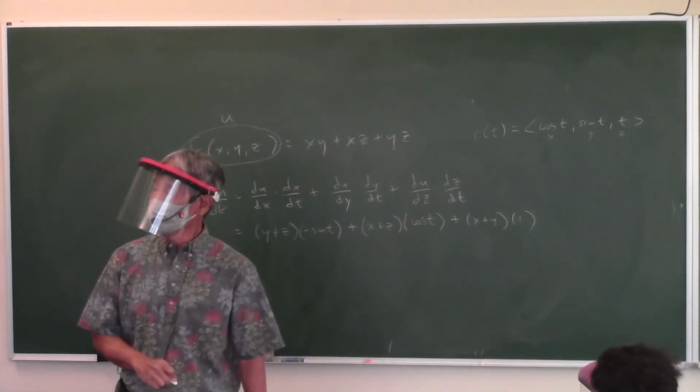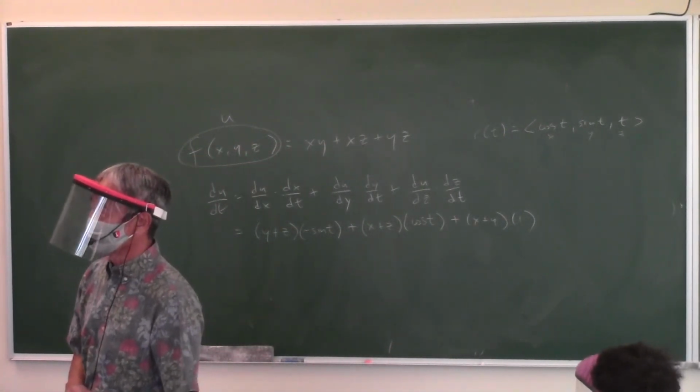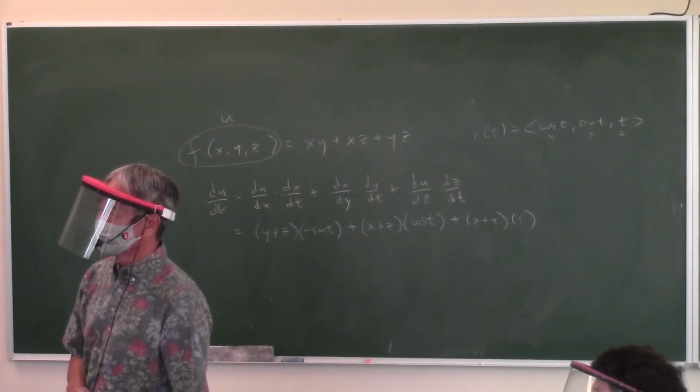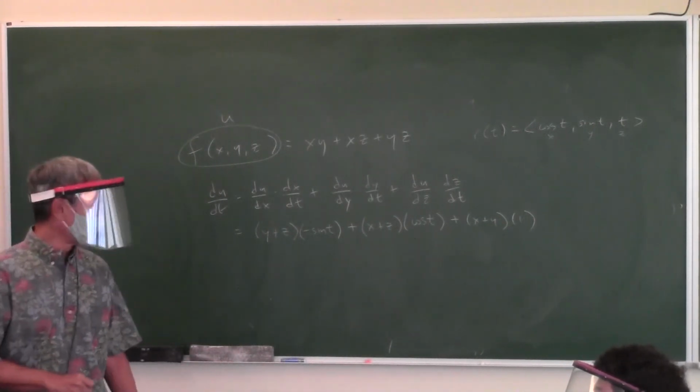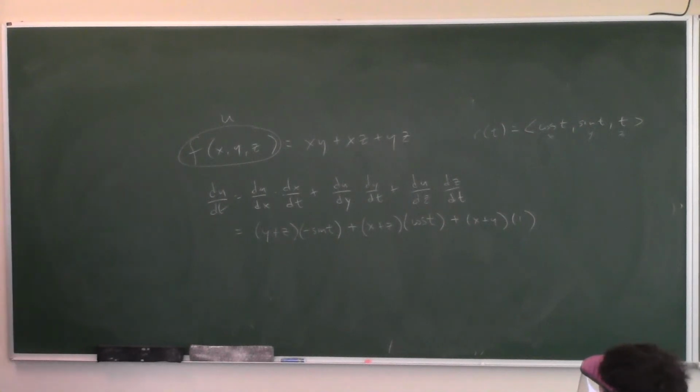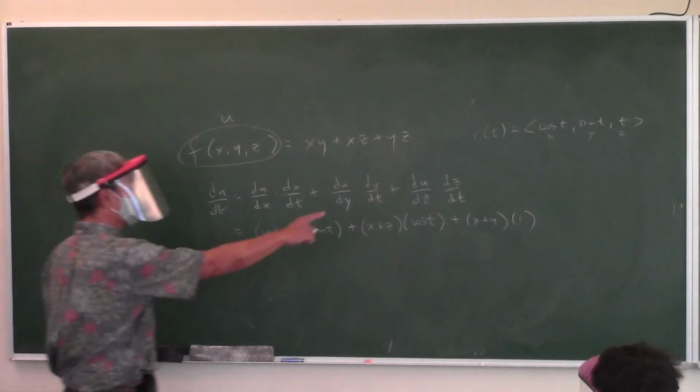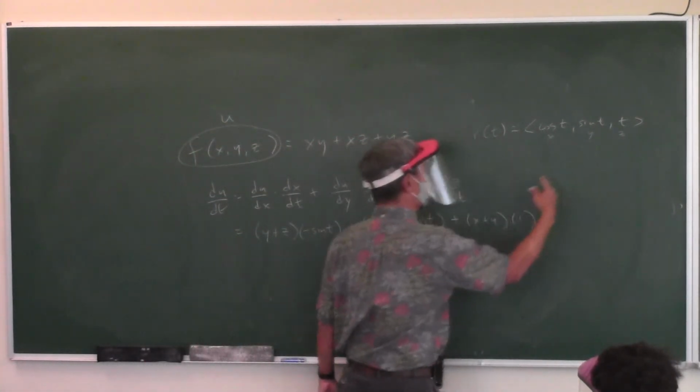Do you have to compute it at a certain value? What does it say? No, we don't. Are the answers in terms of t? Yeah. So how can I change the answers all in terms of t? Well, look, this is x, y, and z. Just plug in.